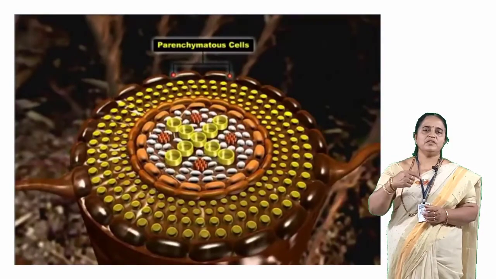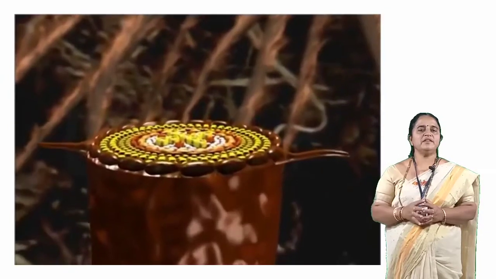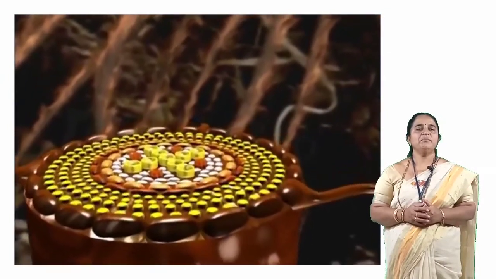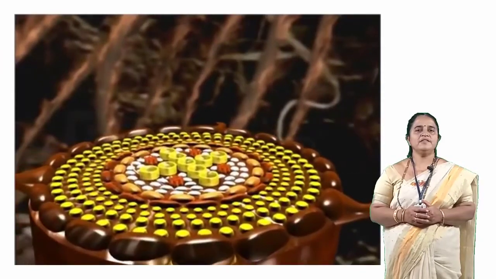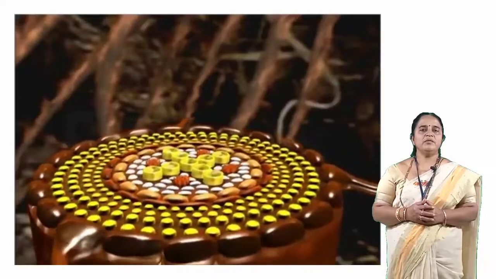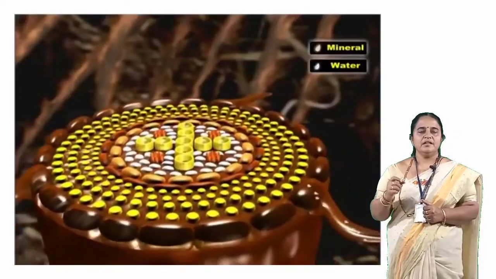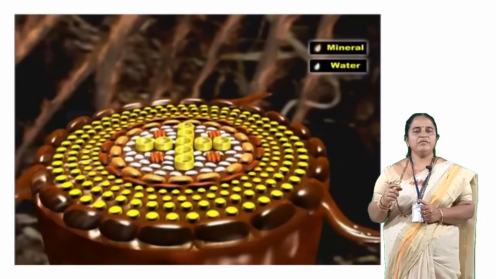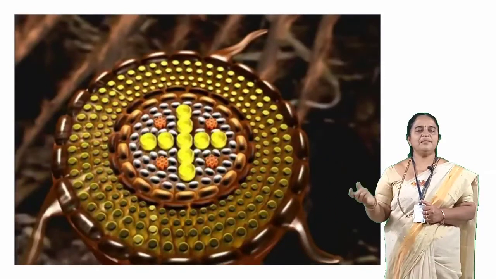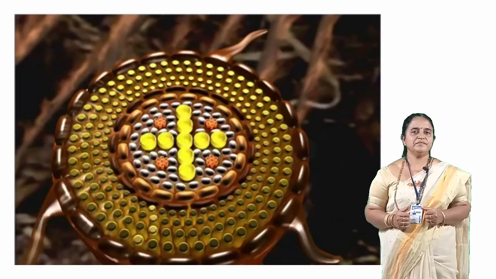The outermost layer is represented by a single layer of barrel-shaped, thin-walled parenchyma cells known as epiblema. Here, this layer is not covered by cuticle. The parenchyma cells of epiblema produce unicellular root hairs which help in absorption of soil water. Hence, epiblema is also known as piliferous layer.